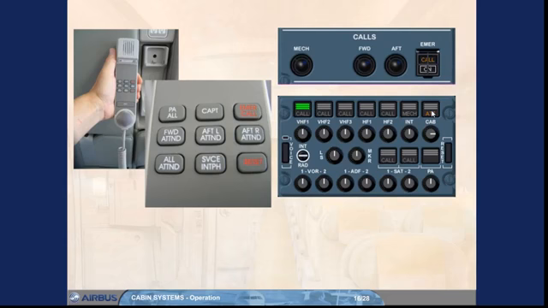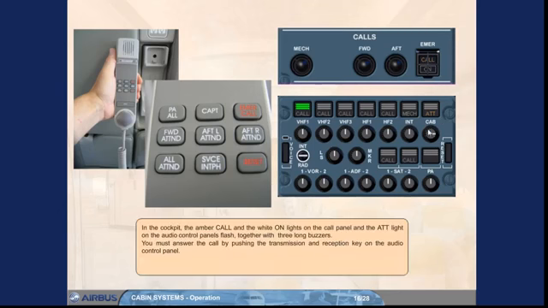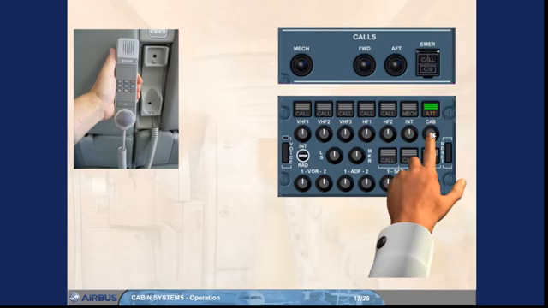In the cockpit, the amber call and the white on lights on the call panel and the attendant light on the audio control panels flash, together with 3 long buzzers. You must answer the call by pushing the transmission and reception key on the audio control panel. Please do it. The communication link is now established.